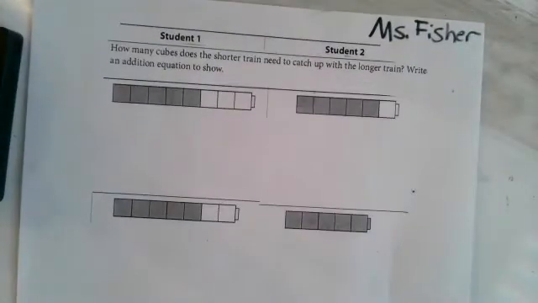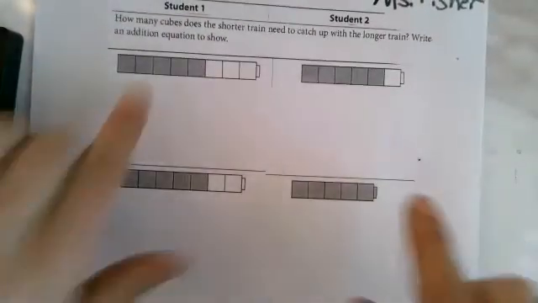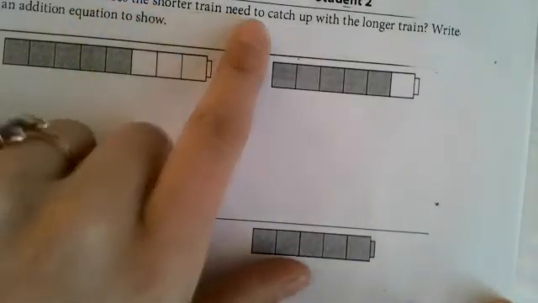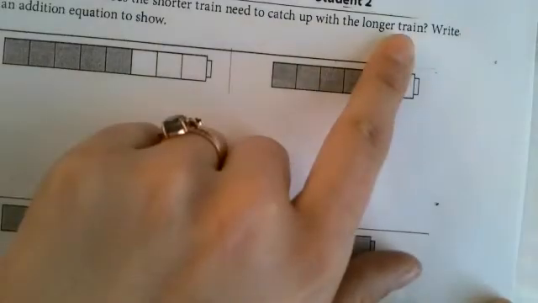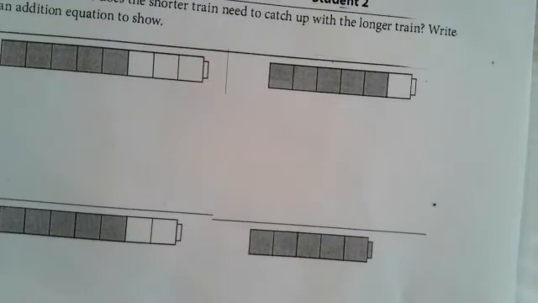Everybody at your desk, grab your train. Grab your train of 10. It will help you. If you do not have a train of 10, that is all right. So how many cubes does the shorter train need to catch up with the longer train? We're going to write an addition equation to show.